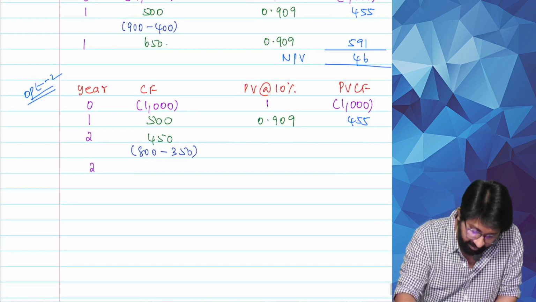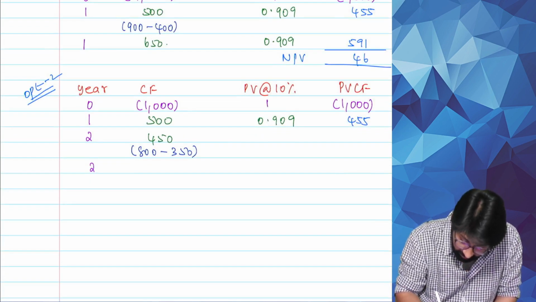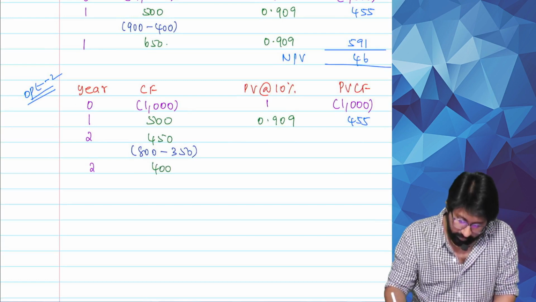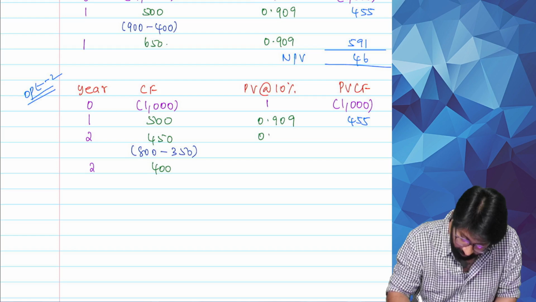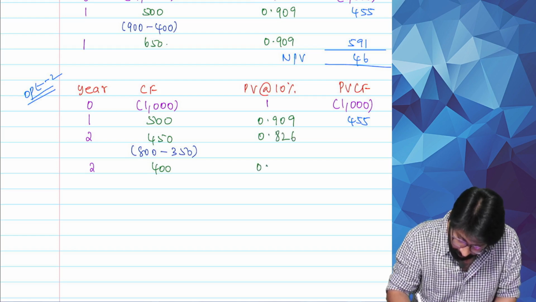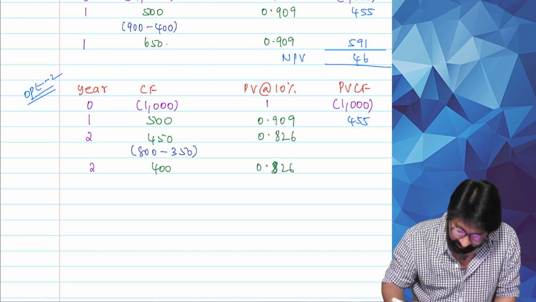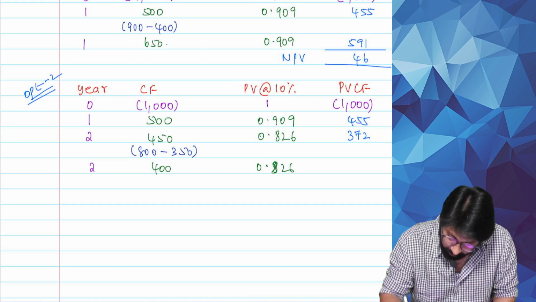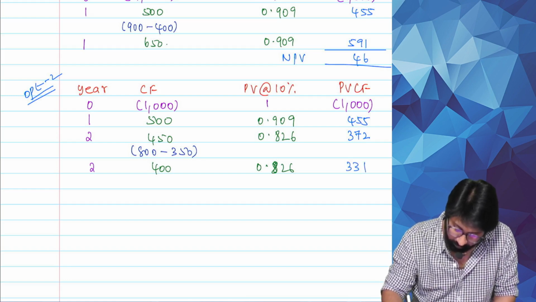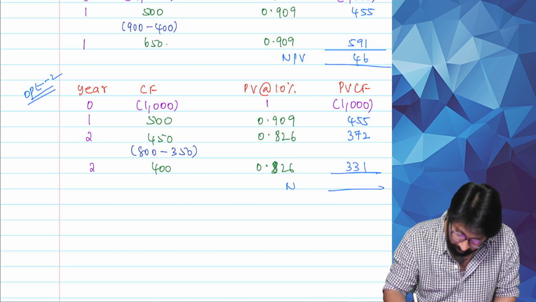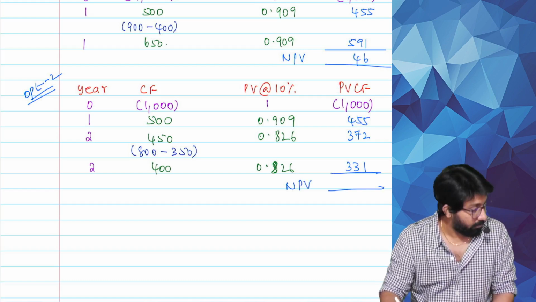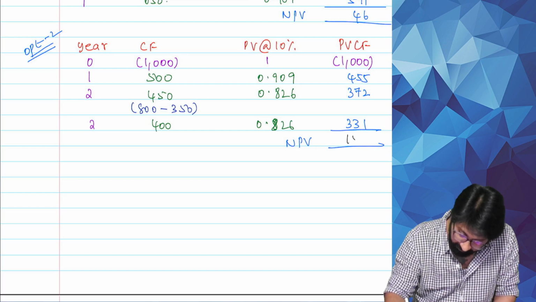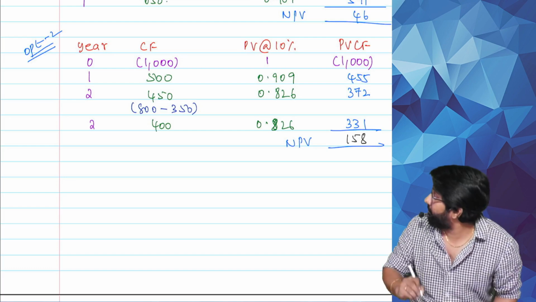Tell me the scrap value. 400. 0.826, 0.826. 372. 158.